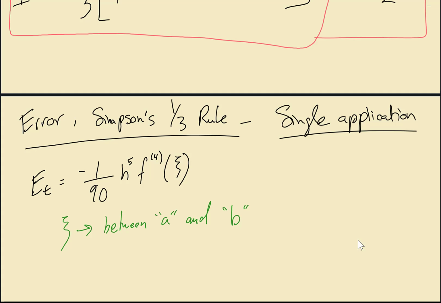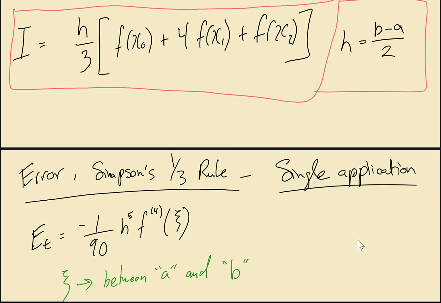If I plug in h here, h is b minus a divided by 2. So I get b minus a to the power of 5, and 2 to the power of 5. In the denominator, I end up with 90 times 2 to the 5, which is 2,880.